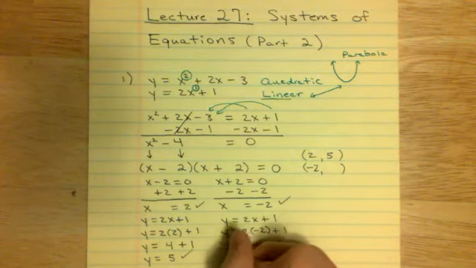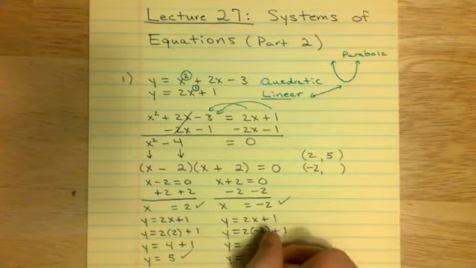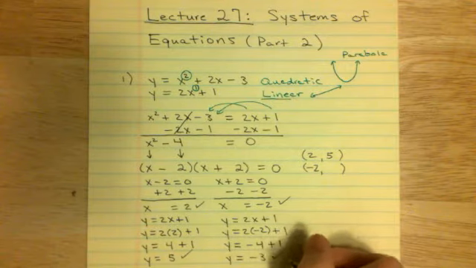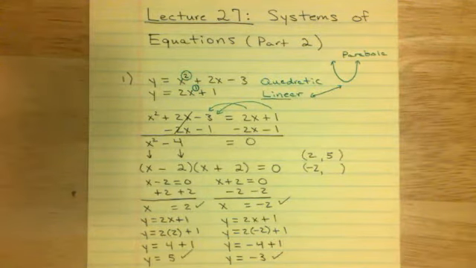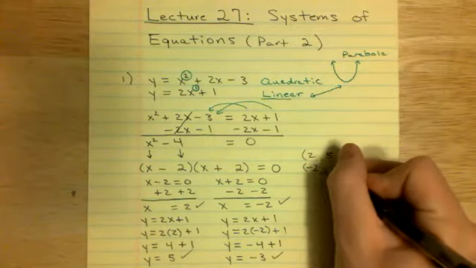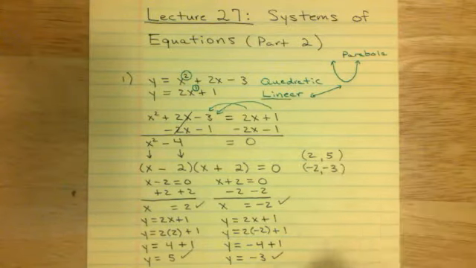We're adding 1 at the very end, and I get negative 3. So that is going to be the y coordinate for my second point. So I put the negative 3 right here. Okay, so that's number 1.